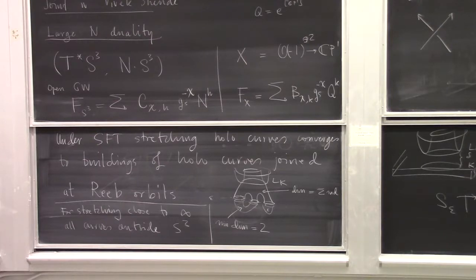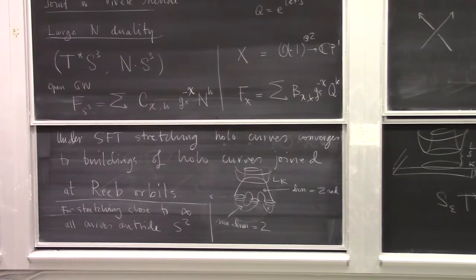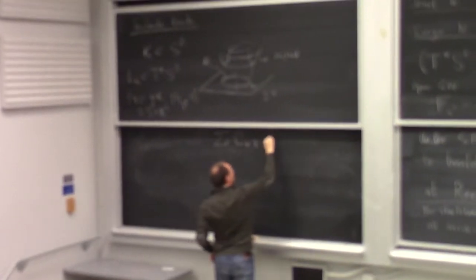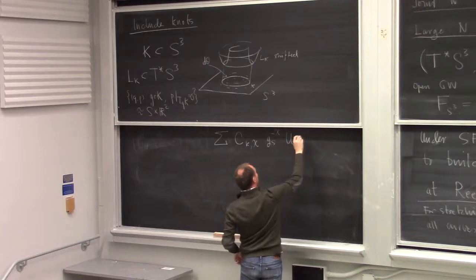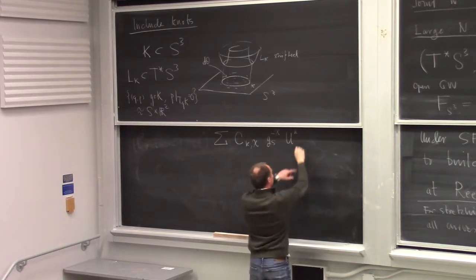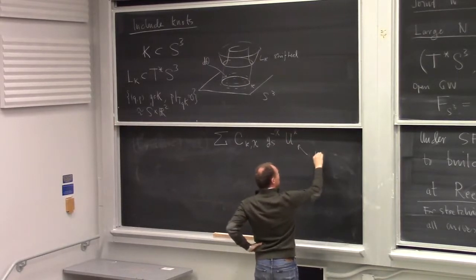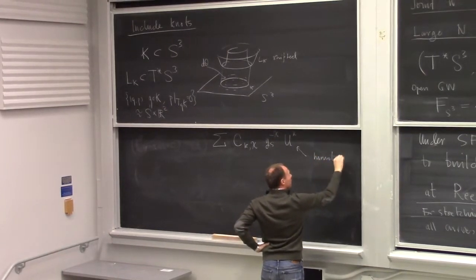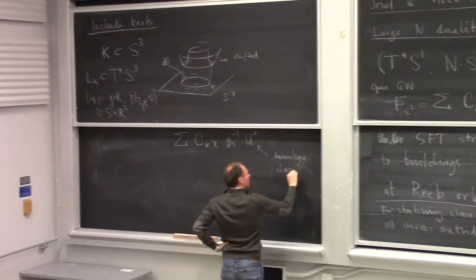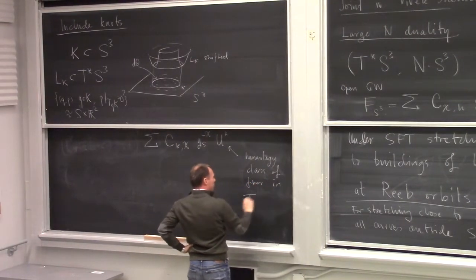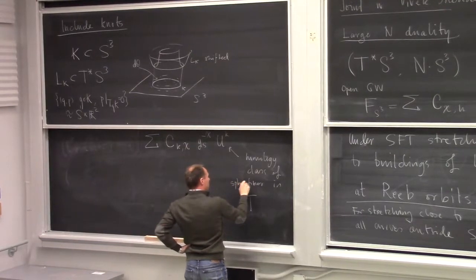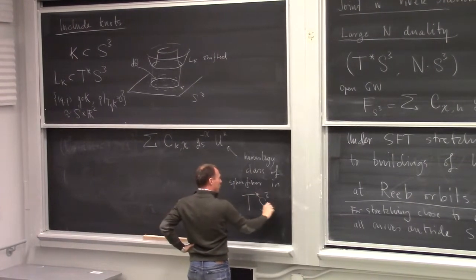So I can write up a generating function for these curves as follows. So I can write my generating family C_K, chi, g_s to the minus chi, and then I can keep track of the homology class of the fiber, the sphere fiber in T star S3 minus S3.